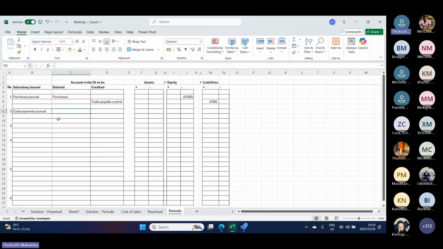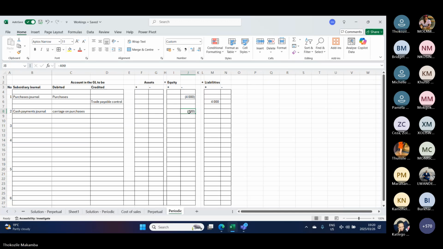And then the account that we're going to debit is carriage on purchases, just like with the transaction above. When we expense carriage on purchases, that's going to reduce our equity, so that's going to take our equity down by 400 Rand.